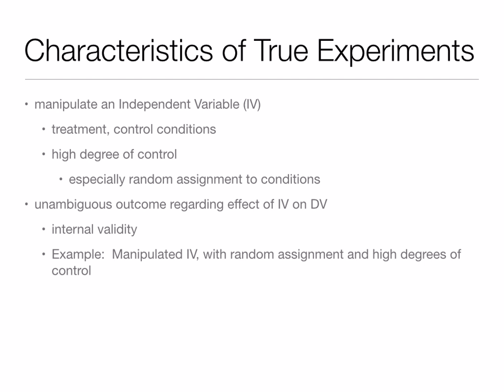An example of this is any manipulated independent variable. And again, it's going to have random assignment and high degrees of control. These are not subject variables. This is not talking about age. This is not talking about sex. This is not talking about race.